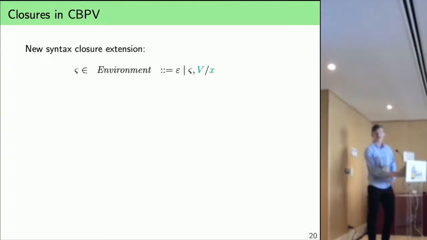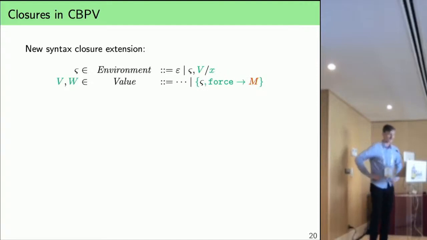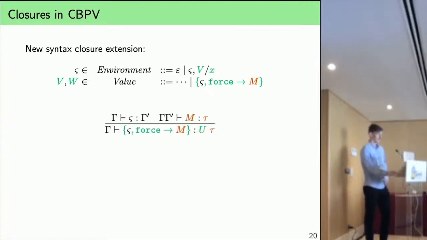And what do we need to add? We have what I call an environment, but it's essentially the same syntax as a substitution. And we have a new value, which is an abstract closure for a delayed computation. How do we type check these things?